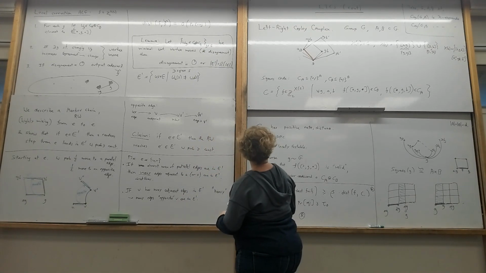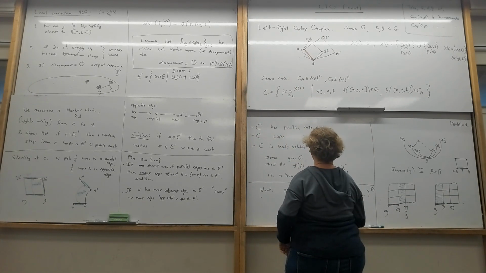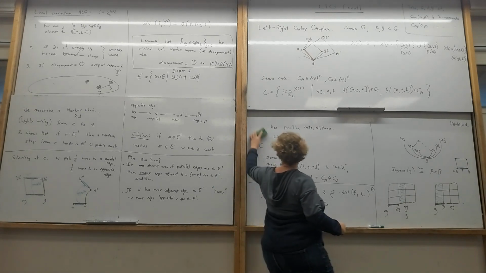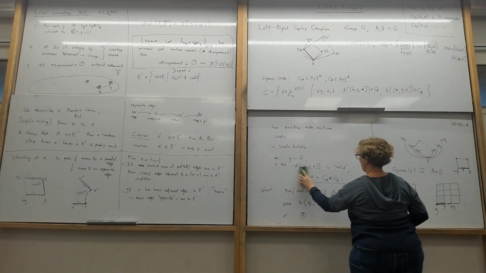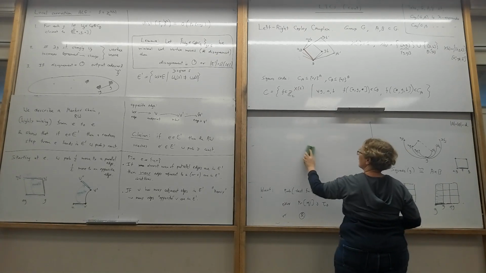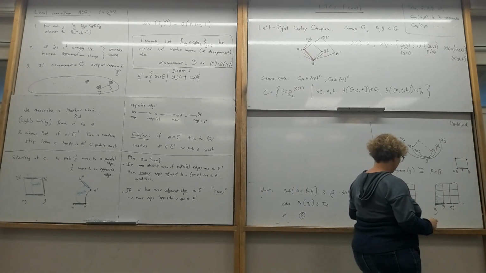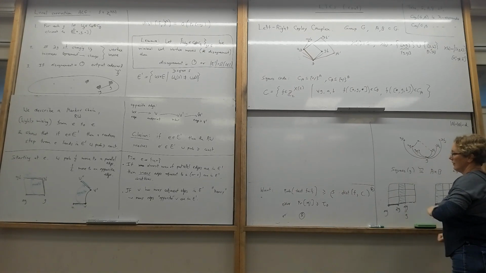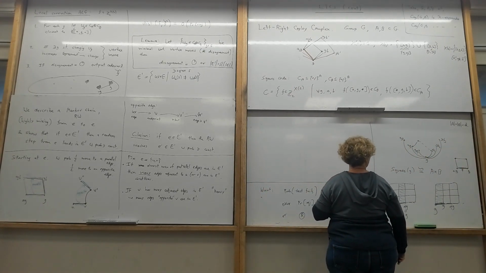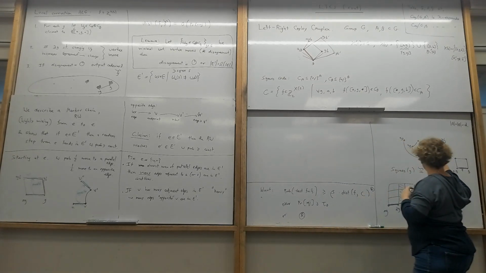Okay, so now let me say why is that, and then we can take a break. Okay, so this is the situation. I have a vertex. Okay, maybe I try to use this picture.